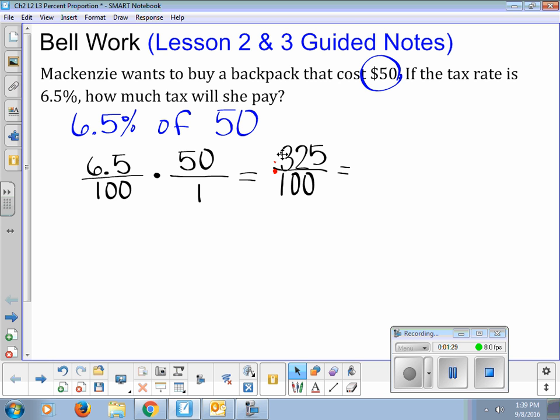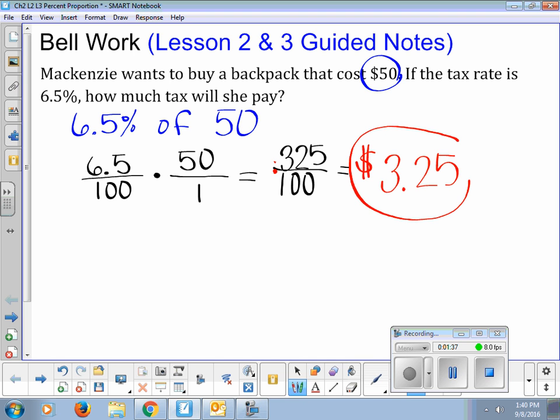And what do we get for our answer? $3.25. Is this a reasonable answer for our tax? Yes. If we're buying something that costs $50, our tax isn't going to be $32.50 or $325. It's only 6.5%. That's a small percentage, so $3.25 makes sense.